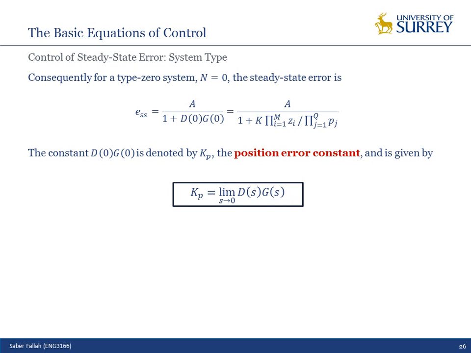So Kp will be the limit of D(s)G(s) when s goes to 0, after I make it bold and black for you. You don't need to highlight it 3 times in different colors.